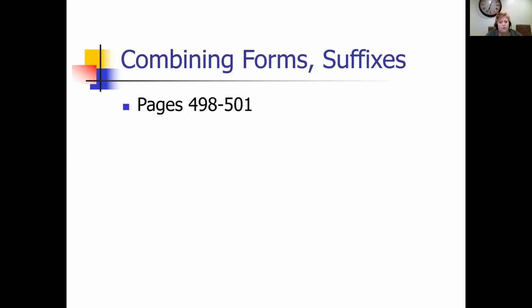Poikilo means varied or irregular. Poikilocytosis is abnormal condition of varied or irregular shapes of the red blood cells. And this is referring to certain types of anemia, and we'll talk about those in a bit. Sidero means iron.